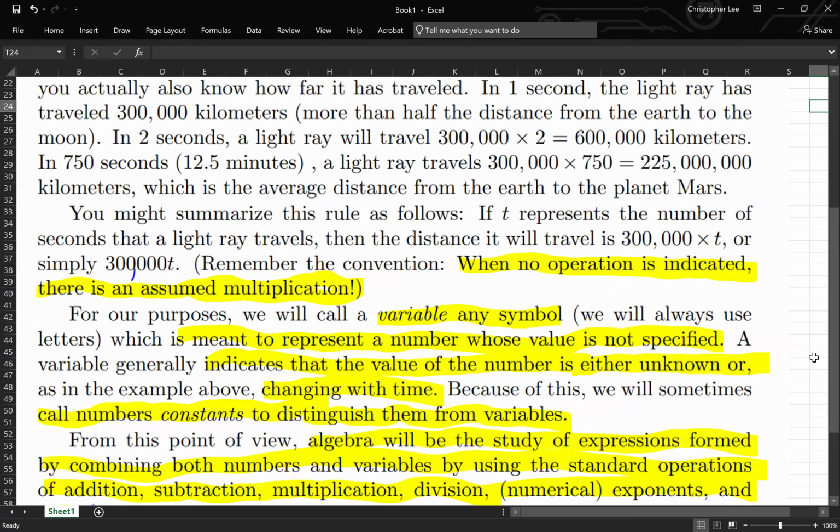We will always use letters, which is meant to represent a number whose value is not specified. A variable generally indicates that the value of the number is either unknown or, as in the example above, changing with time. Because of this, we will sometimes call numbers constants to distinguish them from the variables. All right.